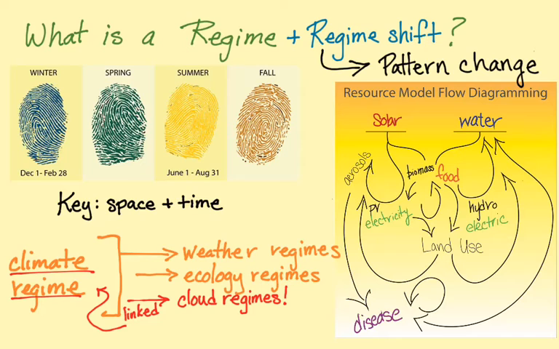But regimes, climate regimes that are encompassing mesoscale, microscale weather regimes, and that are encompassing ecological regimes, and that are encompassing cloud regimes, those are all patterns. And those patterns change over the course of decades. And sometimes there's a disruptive, persistent shift called a regime shift, where all of these patterns change at every level. And we're experiencing that now.